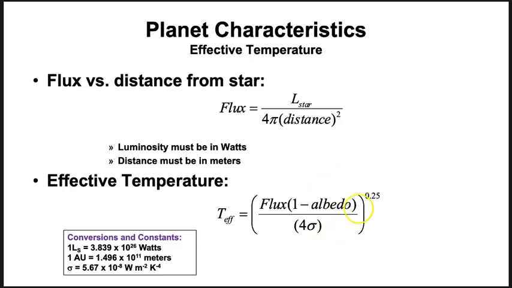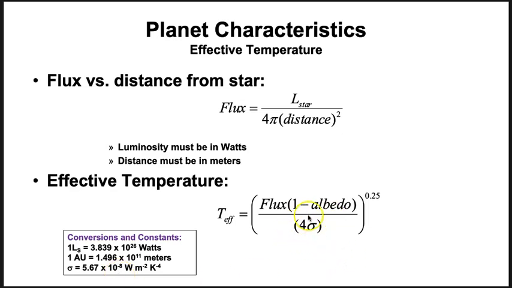So when you take the flux times 1 minus the albedo, this whole numerator here, that's the actual amount of energy from the star that's warming up the planet, right? So you take this, and then you divide by 4 sigma, right? Sigma is the same Stefan-Boltzmann constant that we used a little earlier in the semester. So it's just a constant, 5.67 times 10 to the negative 8.